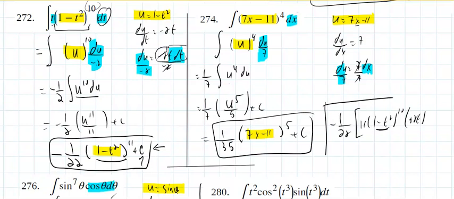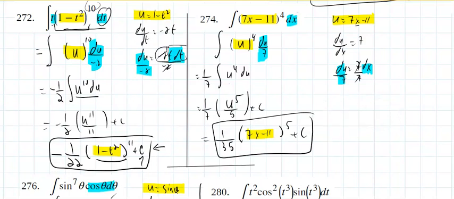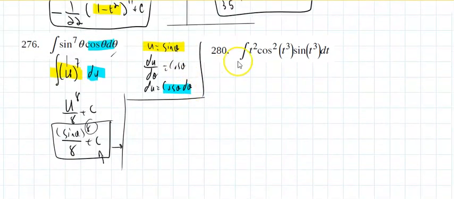Well, negative times a negative is a positive. 2 times 11 is 22. That cancels the 22. You're left with t times 1 minus t squared to the 10th. Right there. You can always check your work. It's very quick to do.